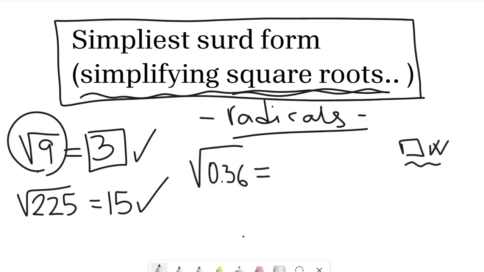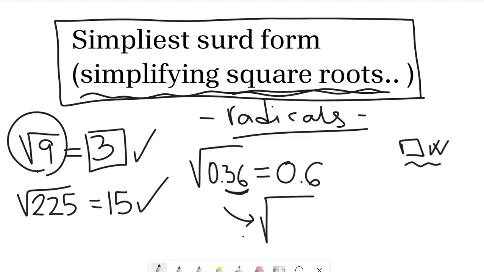Now, we do not get confused if we see 0 point. This is basically, you ask yourself, what number multiplied by what number will give us 36? 6 times 6 will give us 36. Okay, because we have 0.36, it will be 0.6.